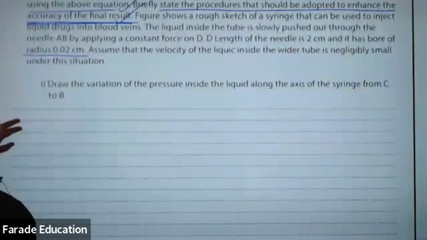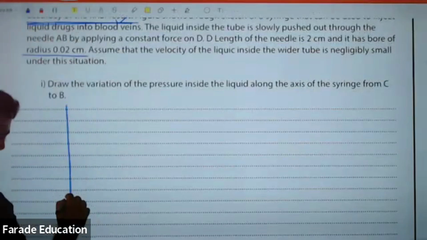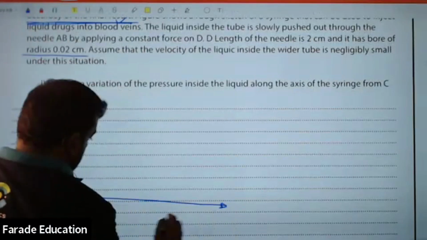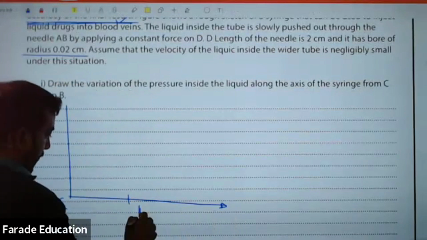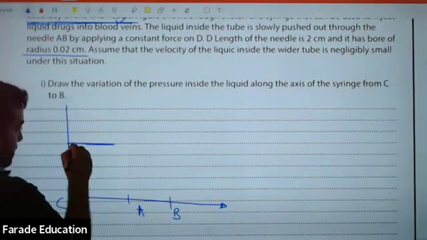C to A to B. So what can you say here? C to A, the pressure is constant.